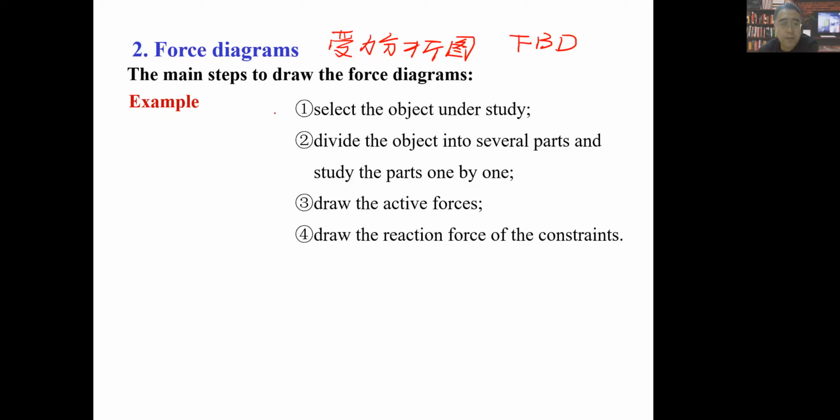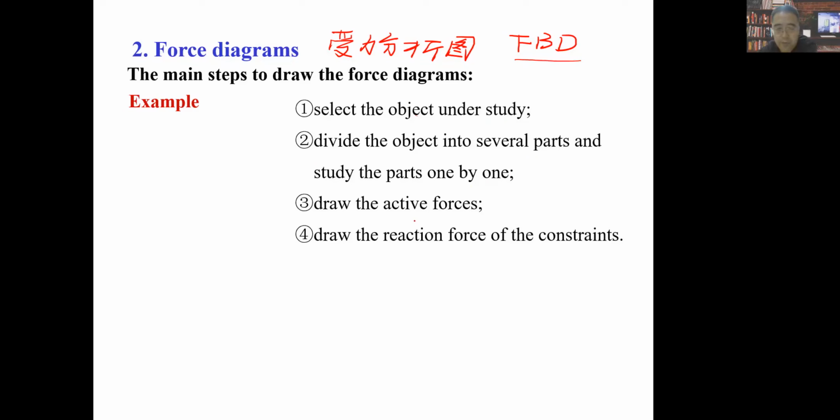The main steps to draw the force diagram, you see, there are 4 steps. The first step is to select the object under study. That is, we select one object from the whole force system to be studied. We call that the free body diagram. And second, divide the object into several parts and study the parts one by one as needed.